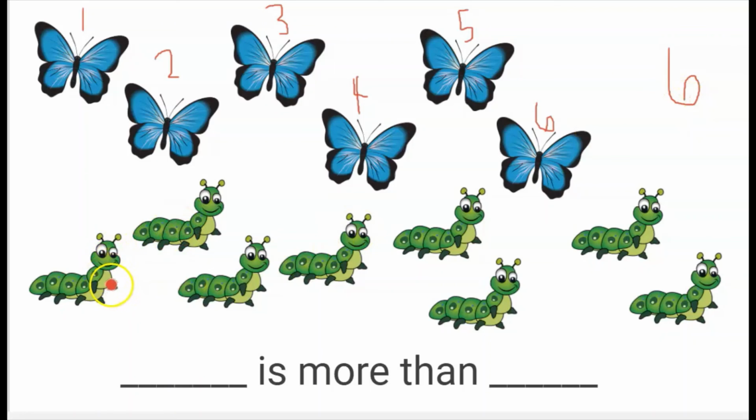For this counting path, I'm going to draw a line. 1, 2, 3, 4, 5, 6, 7. 7 caterpillars. Which number is more, 6 or 7? 7. 7 is more than 6. Notice how the butterflies and caterpillars are not in a straight row. So it is very important to count each set of objects and then decide which number is more.